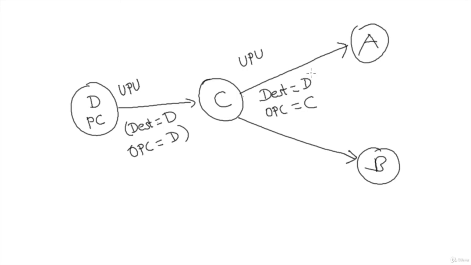So that's the difference between the destination point code and the one in the routing label. Here C is working as a relay. So one should not confuse that the point code in the routing label is going to be the same. Okay, so that's all about it.